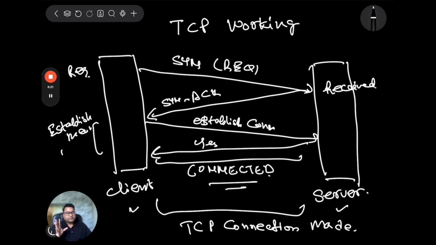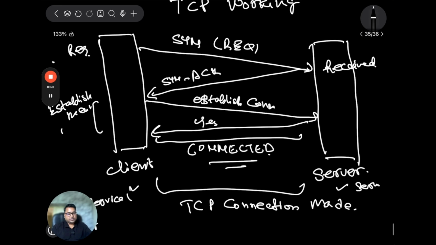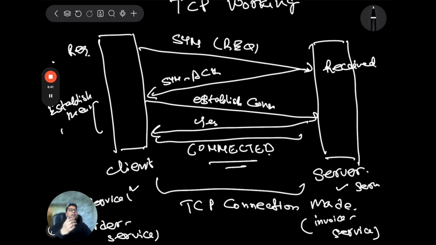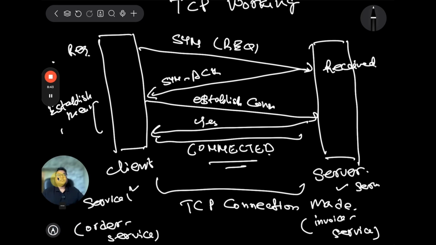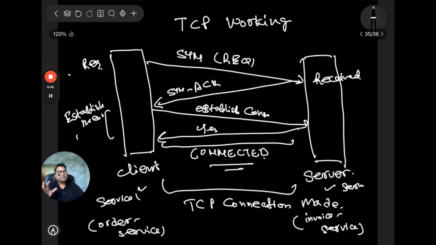So now you have one service. Let's say this is your service 1 and this is your service 2. Now you have this order service, and let's say this is your invoice service. It's not that we are discussing a network, it's more of a part of a distributed system.